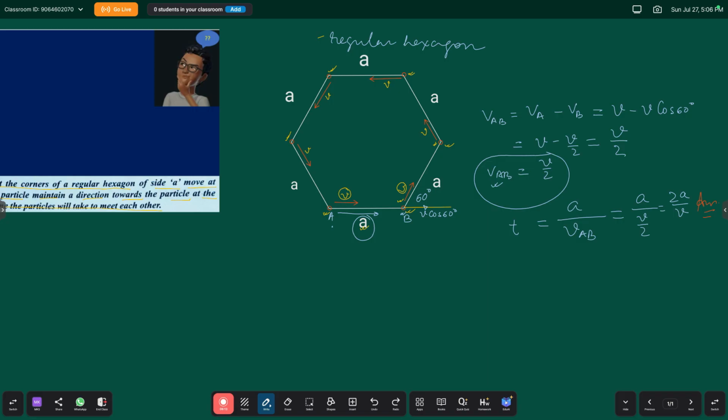Other way you can think of: all the particles, since they are moving with the same speed and always heading towards the next particle, will meet at the center of the hexagon.